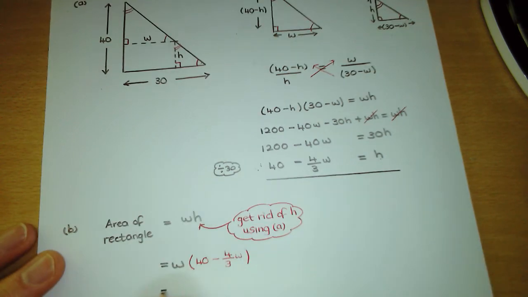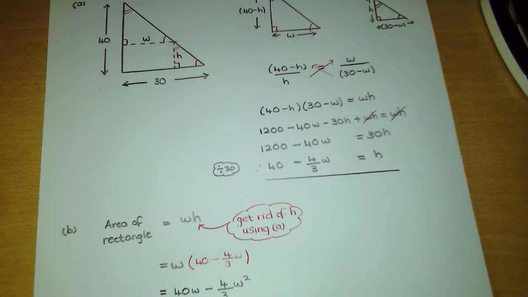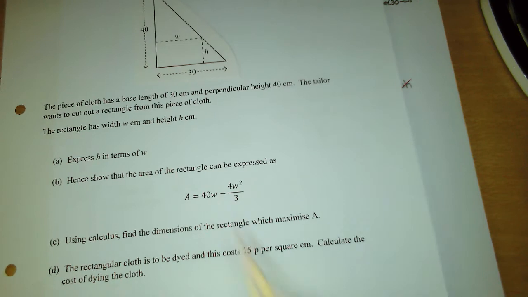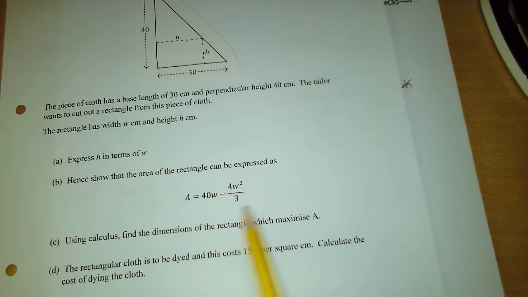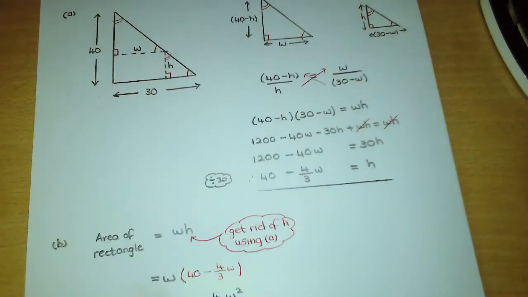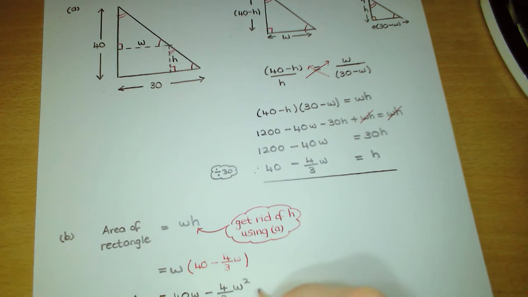We're going to get 40W minus 4/3 W squared. And then if we compare that to what we're asked to get, you'll find that they're exactly the same. So we've now got an expression for the area of this rectangle, as required.